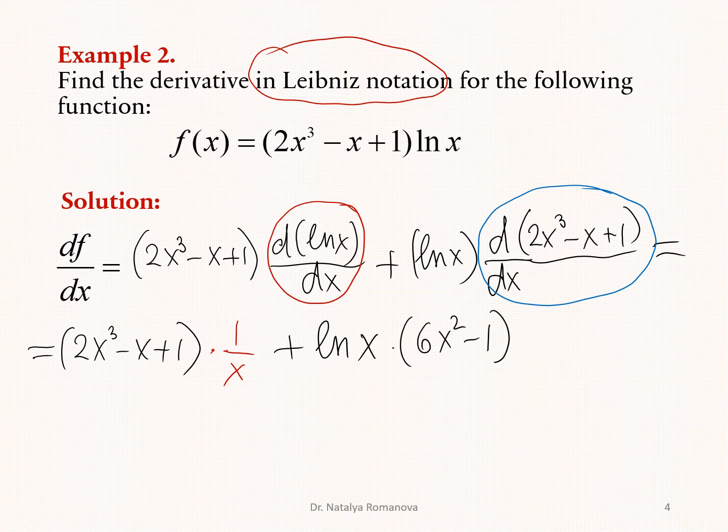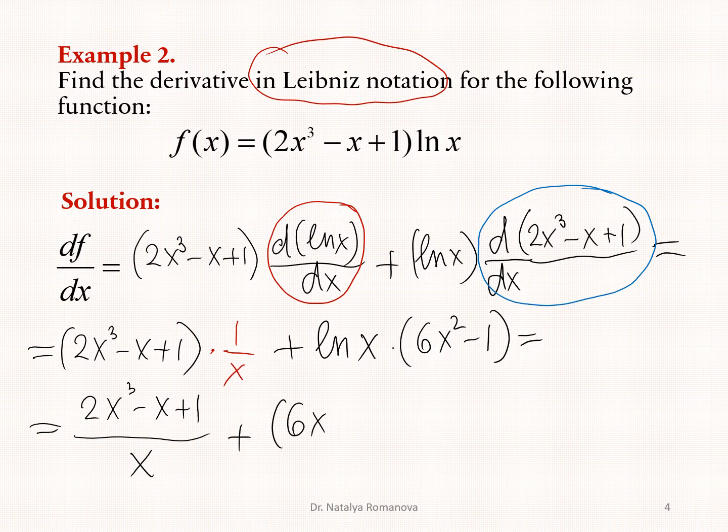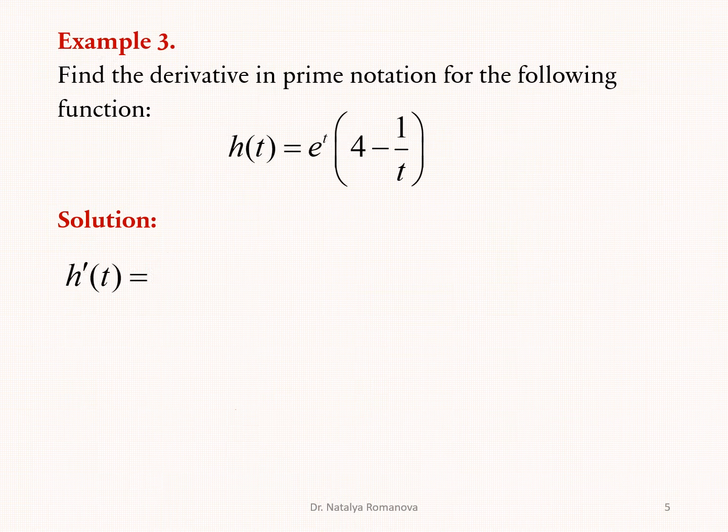We remember the derivative of a number equals 0, so the derivative of 1 equals 0. We can simplify a little bit. It would be (2x cubed minus x plus 1) over x plus (6x squared minus 1) times ln x. It is the derivative of our given function.